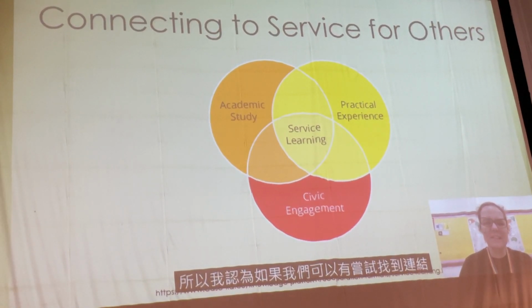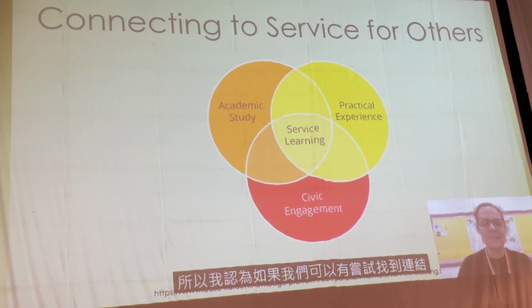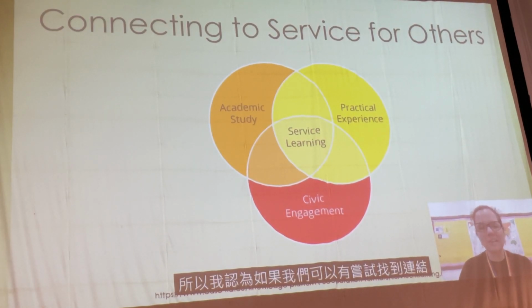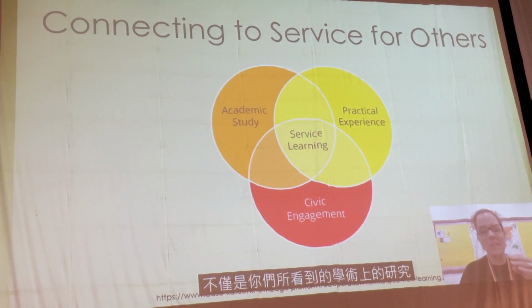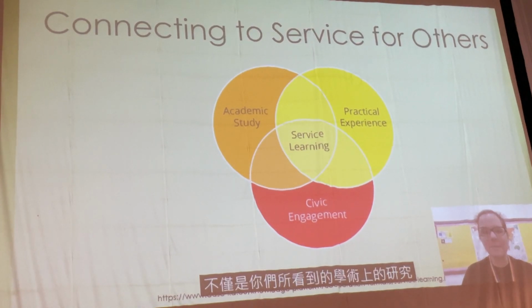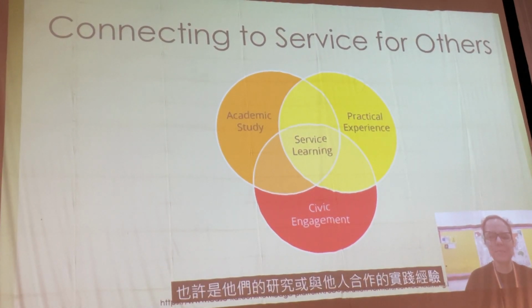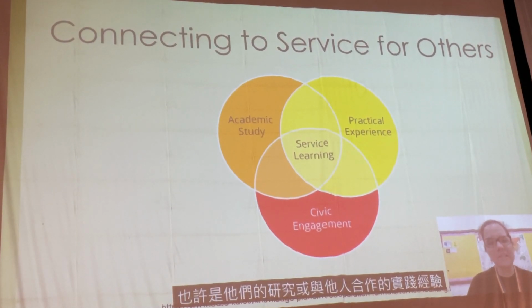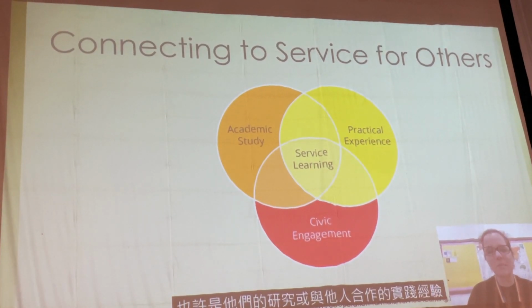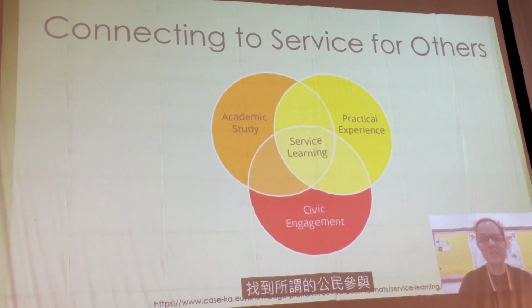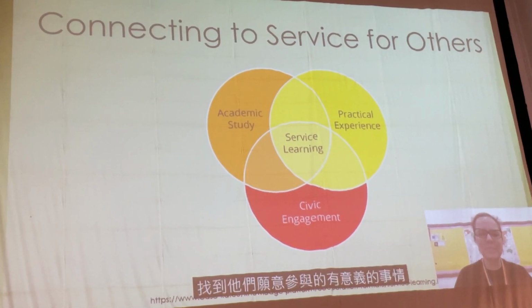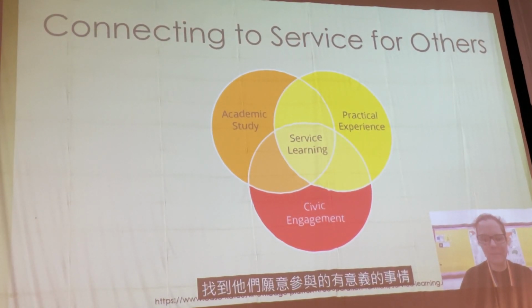So I think if there are ways that we can try to find connections, not just in how we can connect, as you see here, the academic study that we're doing, perhaps something with their research, the practical experience of working with others, and finding what's called civic engagement, finding something meaningful in which they would like to be involved.